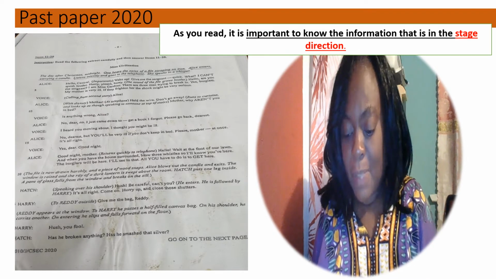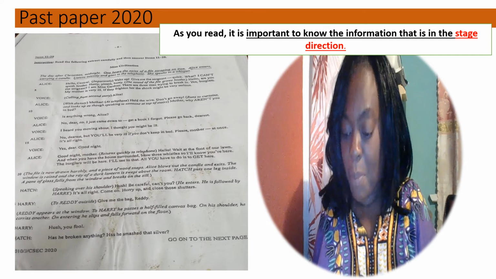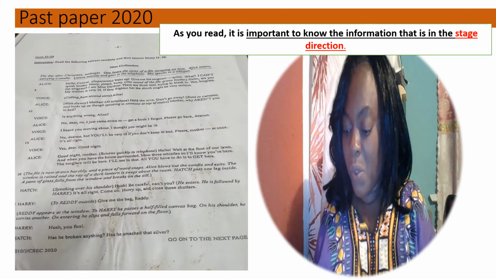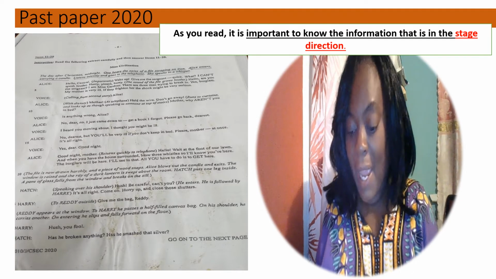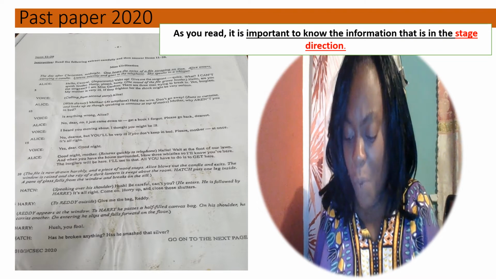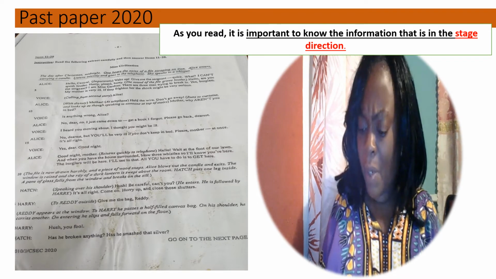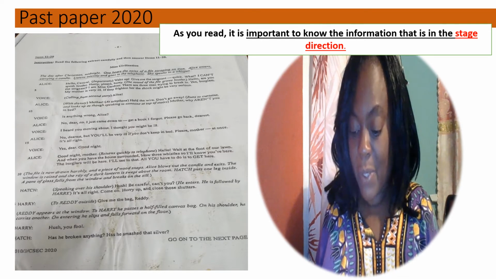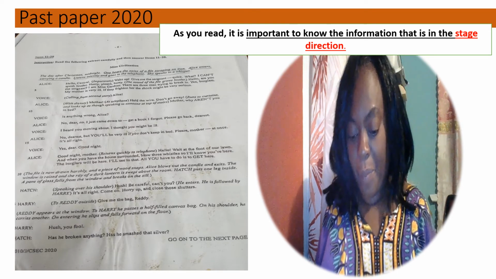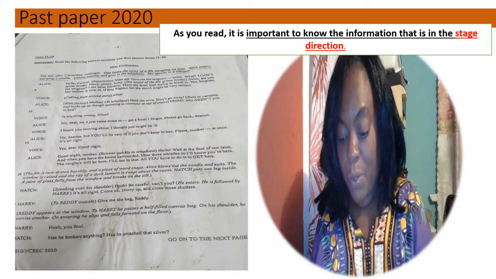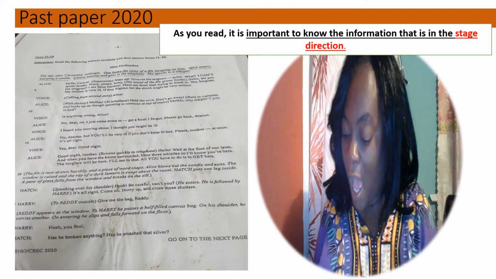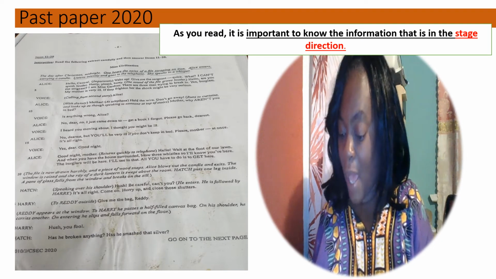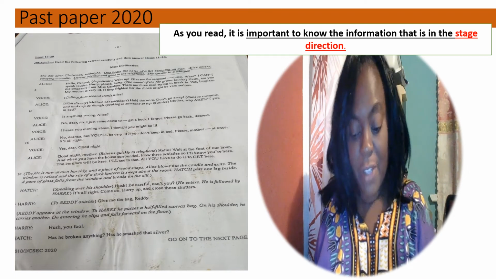Hatch, speaking over his shoulder: Hush, be careful, can't you? He enters. He is followed by Harry. It's all right. Come on, hurry up and close those shutters. Harry to Reddy outside: Give me the bag, Reddy. Reddy appears at the window. To Harry, he passes a half-filled canvas bag. On his shoulders he carries another.